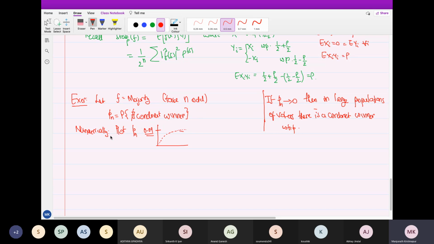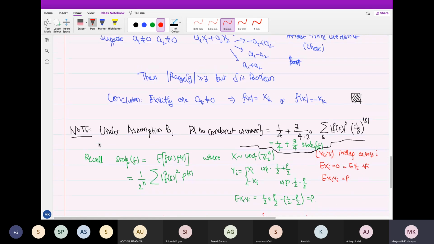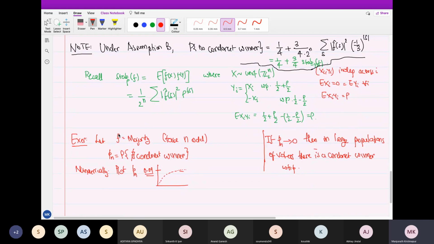In fact, in O'Donnell's book, he also gives a theorem that if you take any symmetric function which uses all the voters equally, then Pn is not going to be small.